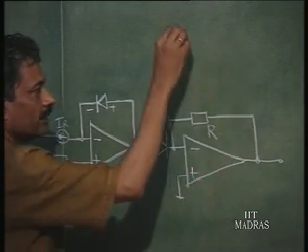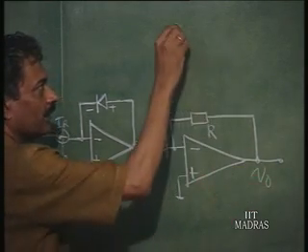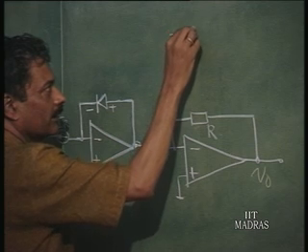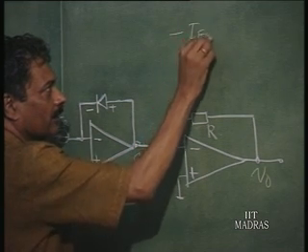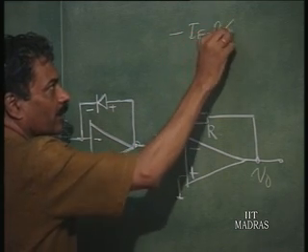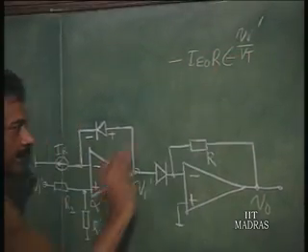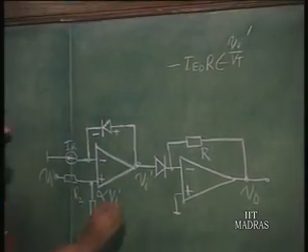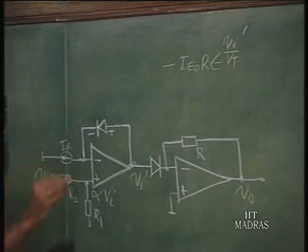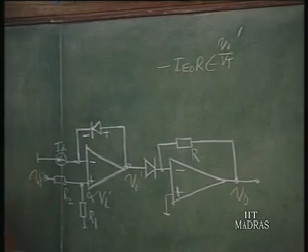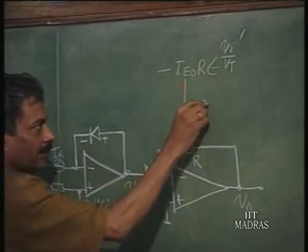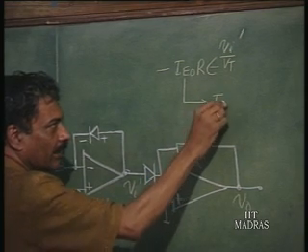So, this output V naught here is nothing but minus IE naught R exponent Vi prime by Vt. This is the anti-log portion. This IE naught we want to remove and replace it with a constant, let us say IR. So, this has to be replaced by IR.